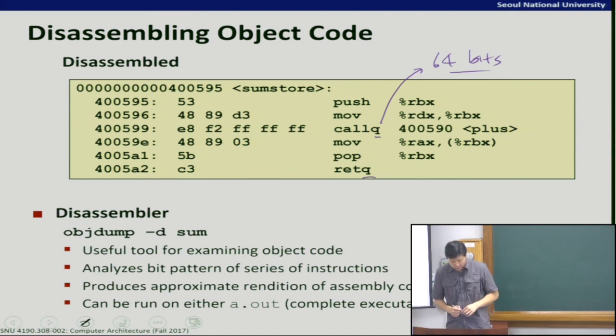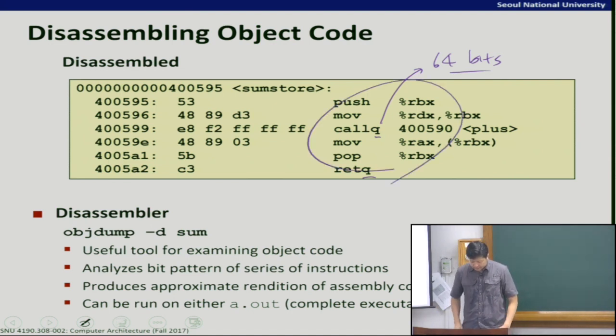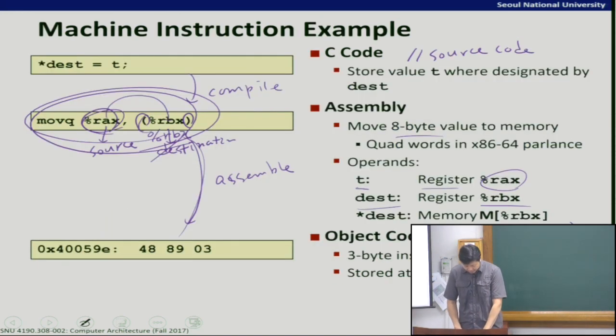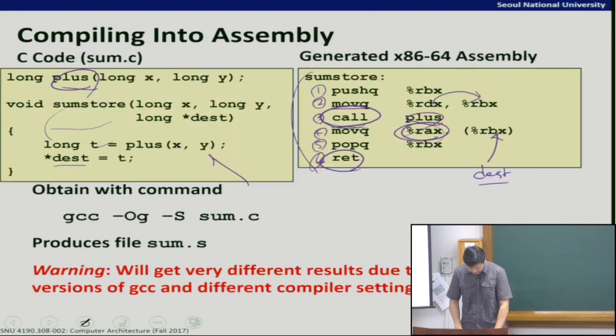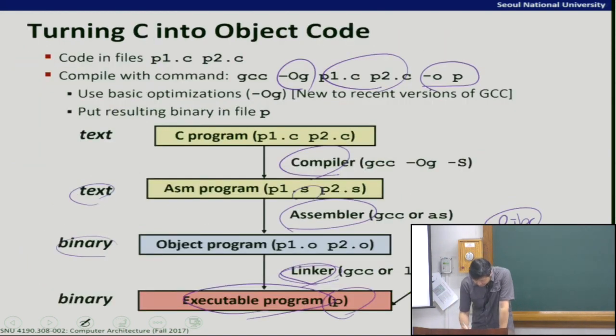And if you want to reconstruct these assembly instructions from the machine code, you can use a special program called objdump. The disassembler program does the opposite of the assembler. In this example, we have an assembler program here, right? And the disassembler does the opposite.